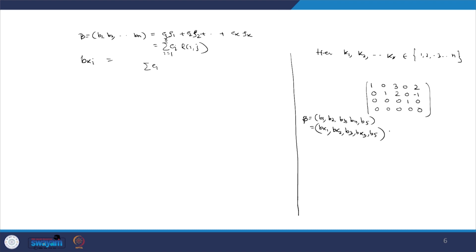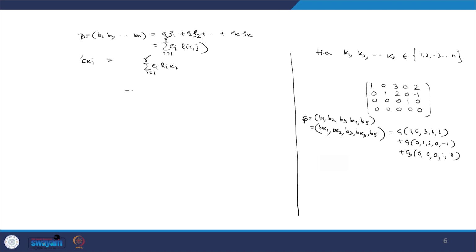So this is equal to c1 times 10302 plus c2 times 0120 minus 1 plus c3 times 00010. So it will be sigma over i equal to 1 to r of c_i r_i k_j, which is c_i delta_ij.